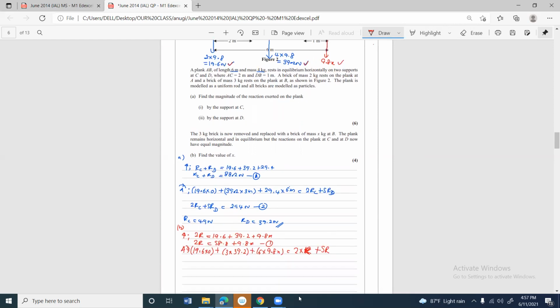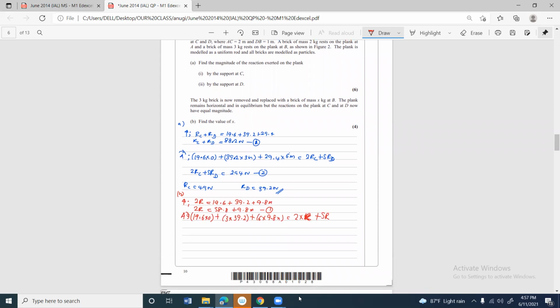From here, you can obtain this equation: 0 plus 39.2 into 3, that is 117.6, plus 58.8x is equal to 7R. From these two, I can produce two different equations.